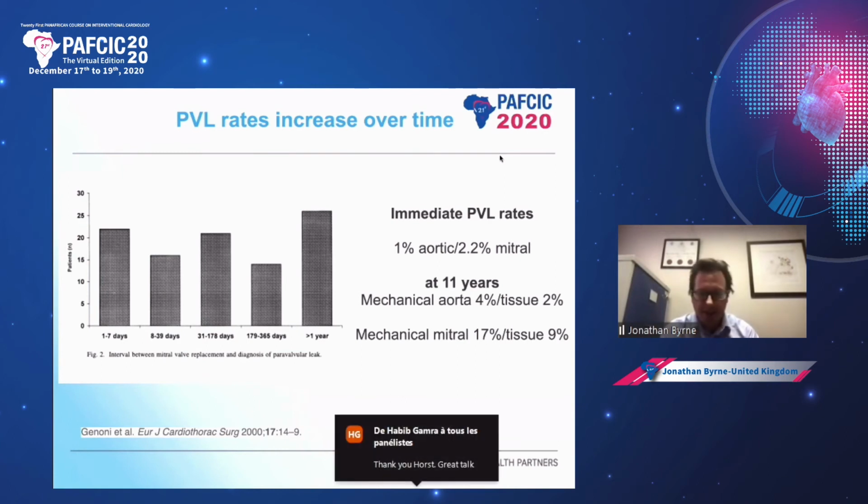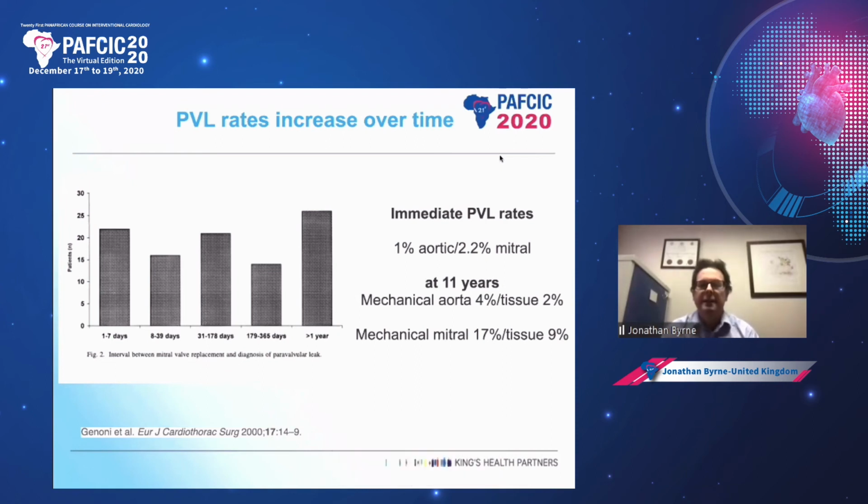The reasons for that are complex. Some of that is patient-related, but some of that is also valve and suture-related. It's less common in the tissue valves, but of course, they don't last as long anyway. So in following patients up, you may see an increase over time. It's important to keep these patients under fairly close surveillance.